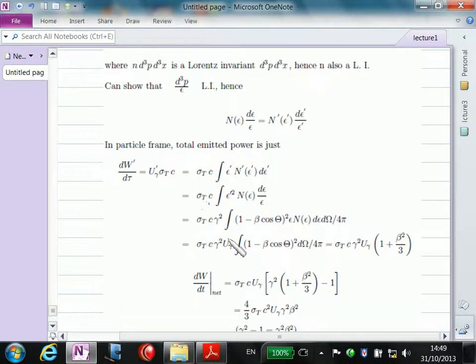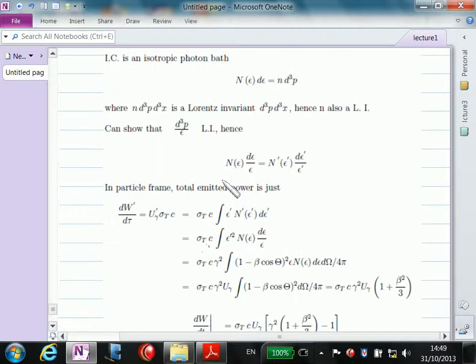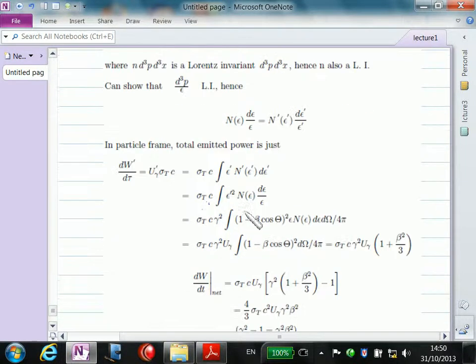I think all this now is just to get the factor of 4/3. The idea now is that if you want to calculate the rate of photon emission by the rate of inverse Compton power in the bath of photons, you can calculate the energy of the bath of photons in the frame of the particle, and then just calculate.